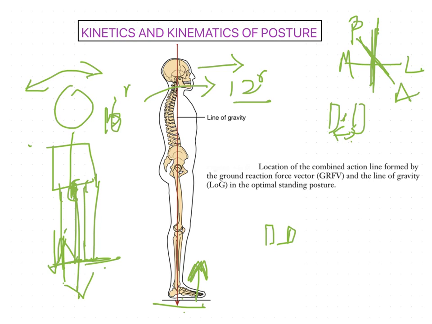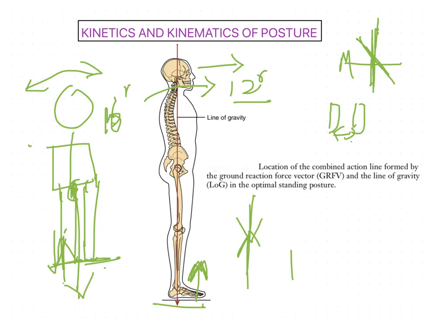Now here, the ground reaction force and the LOG, that is the line of gravity, have coincident action lines in the static erect posture. That means in static erect posture, the LOG and the ground reaction force fall in the same line.